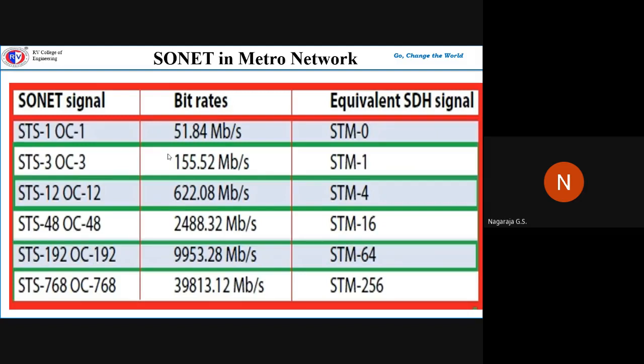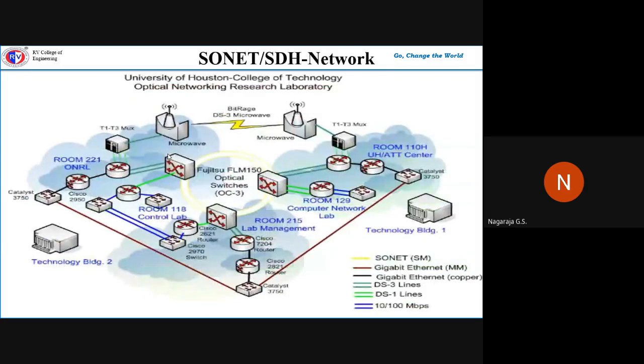You can observe Sonet cabling specifications are available in the left-hand side column here, and the SDH signal specifications are available on the right-hand side. More or less the speed remains the same, but the specifications change slightly.